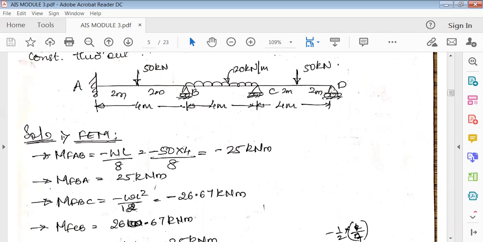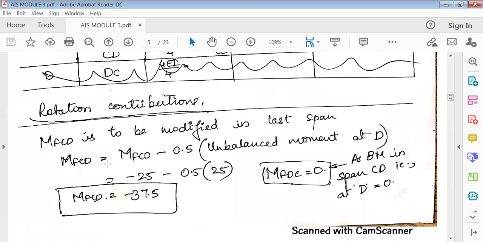Now, to modify the moments in this joint, we have a formula.